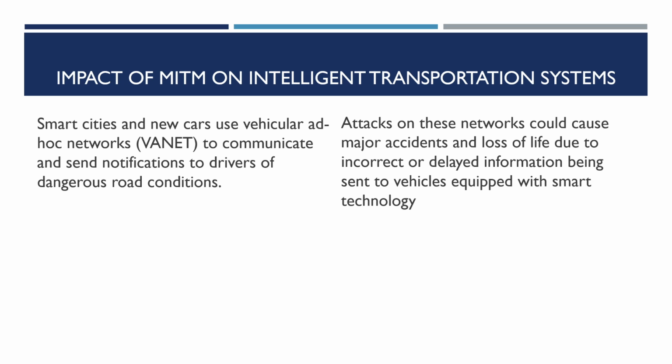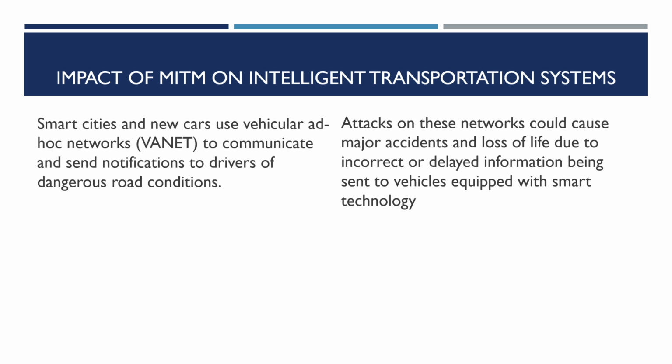The impacts of an attack on these systems could be pretty catastrophic. Sending the wrong notifications to a driver could result in a large amount of crashes, especially with traffic signals being off and different things of that nature. It would just be a bad time in general.